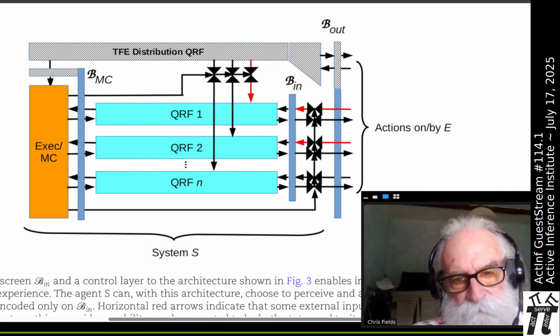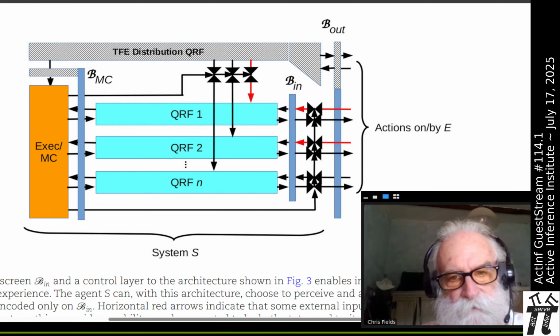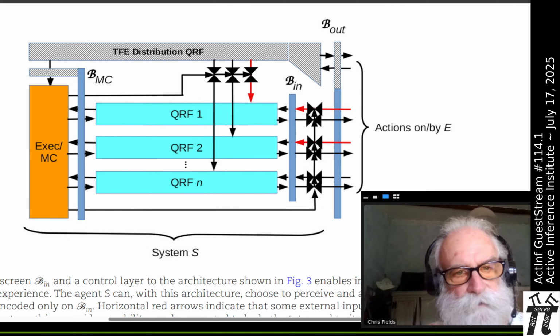We've also indicated by the red horizontal arrows here that sometimes it may not actually be possible for the meta controller to completely suppress a channel from the external environment. Even when you're sleeping and dreaming, for example, a loud enough noise can typically wake you up.